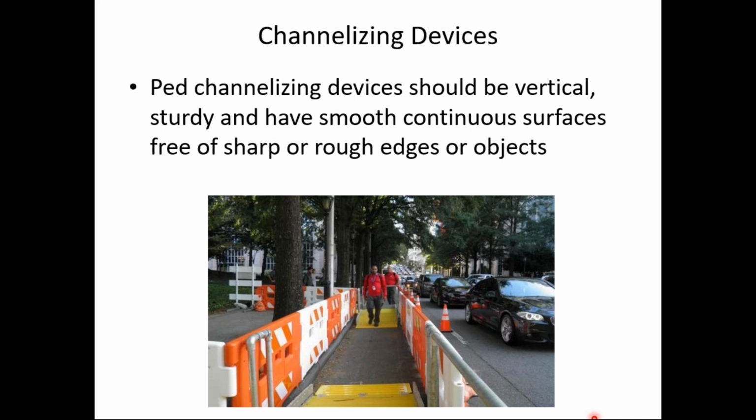Do we need detectable warnings at driveways where the apron is curbed and there is a drop-off? What about if there is no drop-off? That's another very good question. And I apologize, but the answer there is it depends.